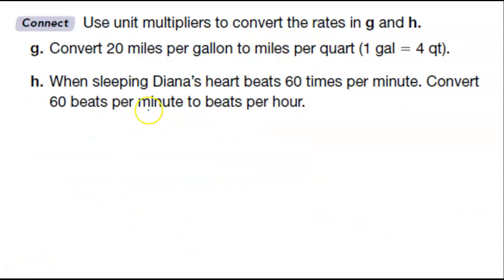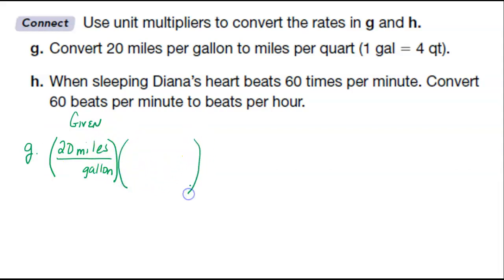Okay. All right, use unit multipliers to convert the rates in G and H. So in G, I have 20 miles per gallon. That's my given. Okay, to miles per quart. So I need something. Miles isn't going to change, but gallons is going to change to quarts.